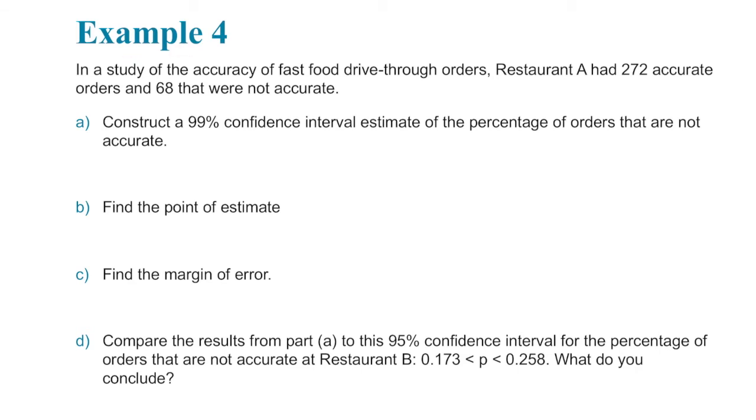Example 4. In a study of the accuracy of fast food drive-through orders, Restaurant A had 272 accurate orders and 68 that were not accurate. So there are two types of orders. One is accurate and the other one is not accurate. There were 272 accurate orders and 68 were not accurate.